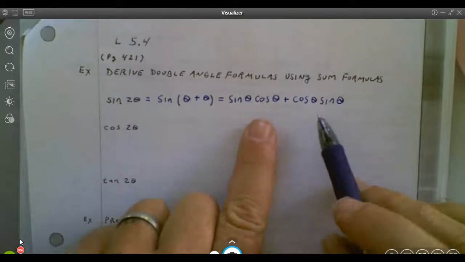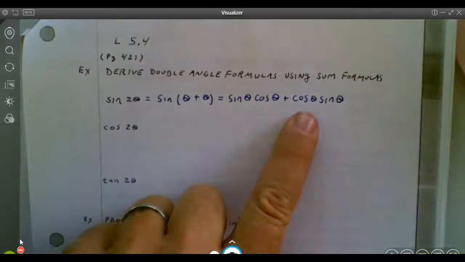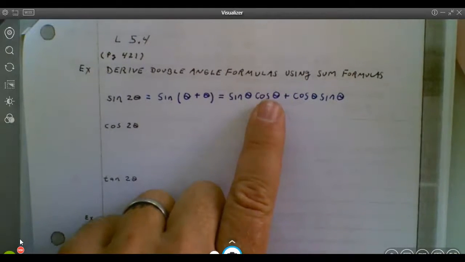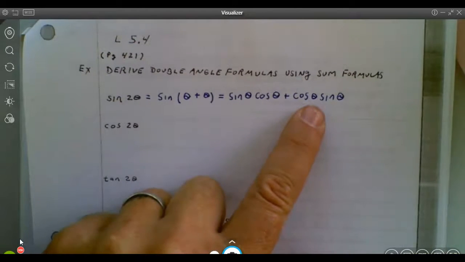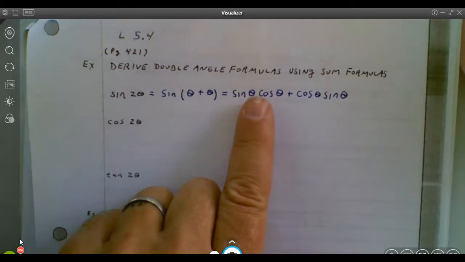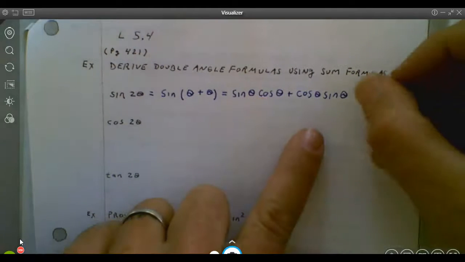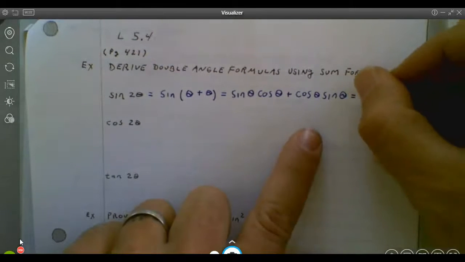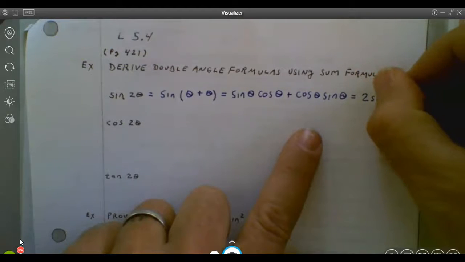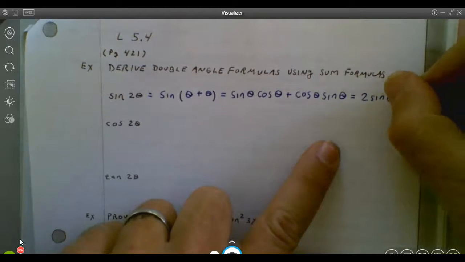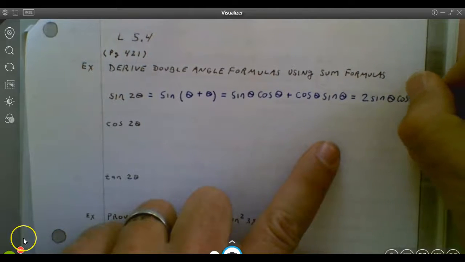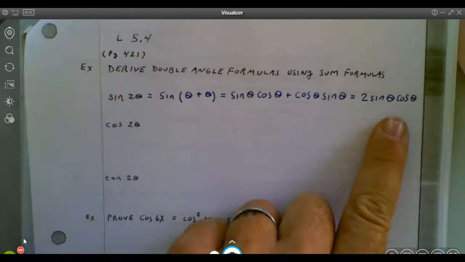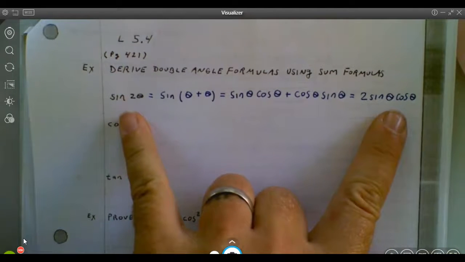If you look at what we just wrote, these are identical. This is sine cosine, and this is also sine cosine, because I can flip that order. It's just multiplication. So basically I'm adding this plus itself, and it simply becomes 2 sine cosine. And this is our double angle formula for the sine value.